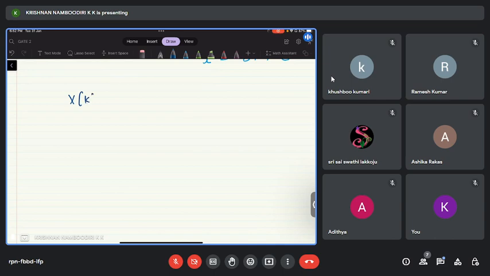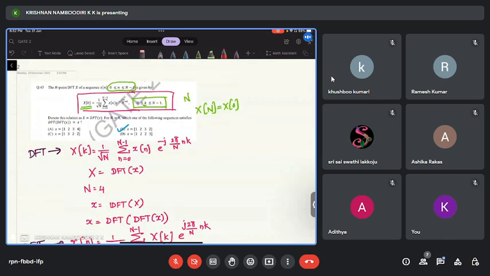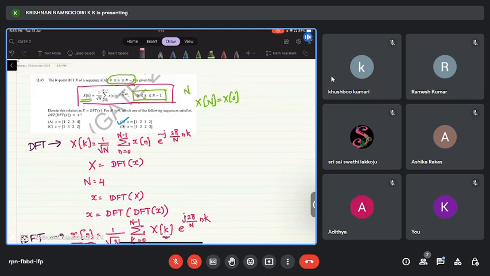X of k equal to summation n equal to 0 to 3 x of n e power minus j 2 pi n into k divided by 4. Correct? And this is DFT. And what is IDFT? The inverse DFT. So here I think in the question the definition is given with the 1 by root n outside. So you have to be very careful. In the question it is defined like this, so we also need to define in the same way.